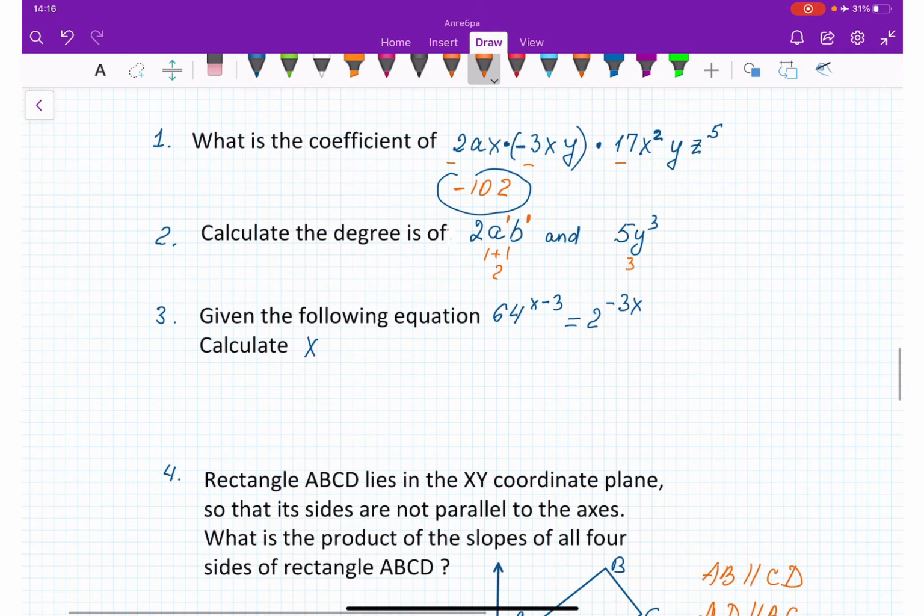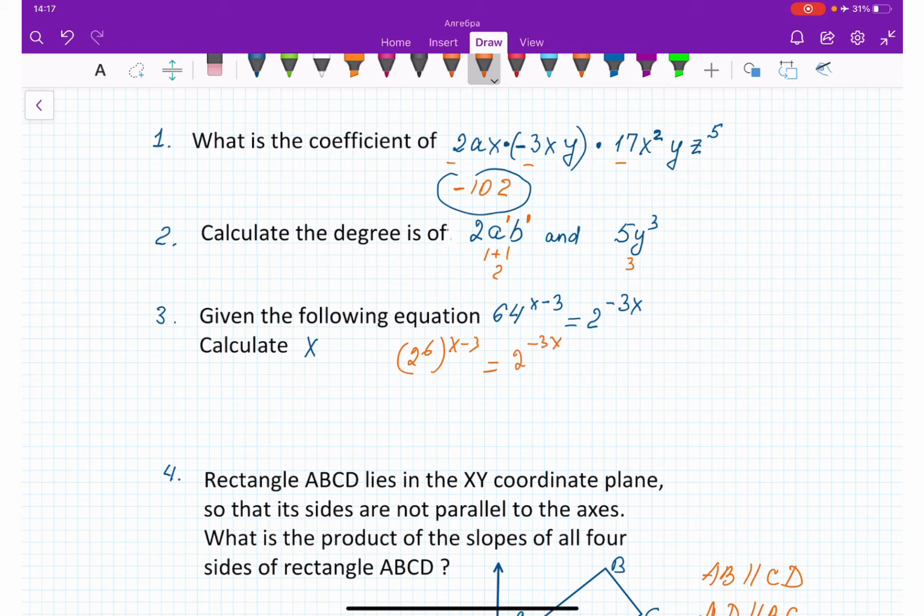Next one, given the following equation, we need to find out x. Since I have an exponential equation, I have to bring it to the same base, right? So 64, I'm going to represent as 2 to power 6, to power x minus 3, and it's equal to 2 to power negative 3x.